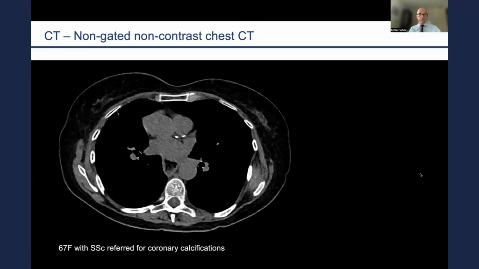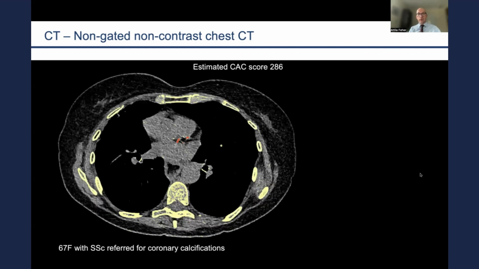In this case, this was a 67-year-old woman who was referred to me for evaluation of coronary calcifications, and this was the coronary calcification. And I can trick the system to get it in the software, as it's not a CT scan that is done with all the requirements, the slice thickness and the breath hold as done with a regular calcium scoring CT.